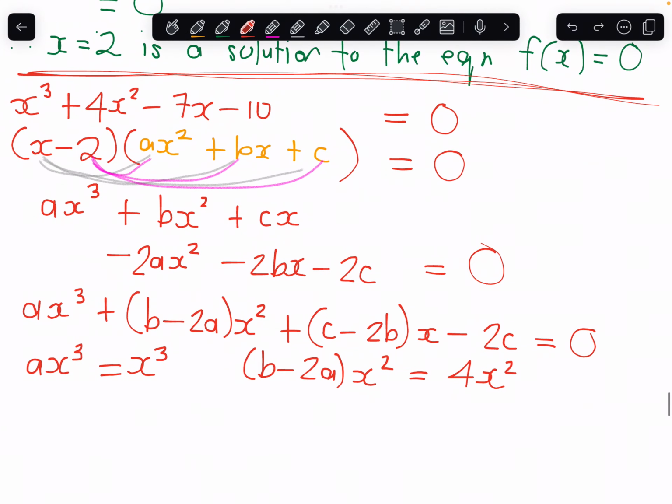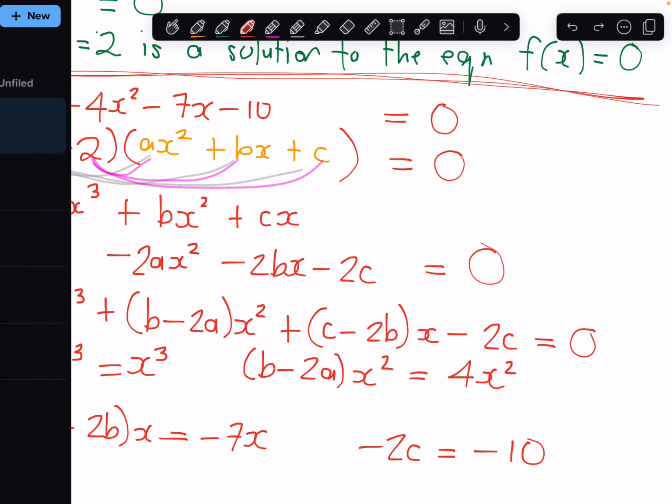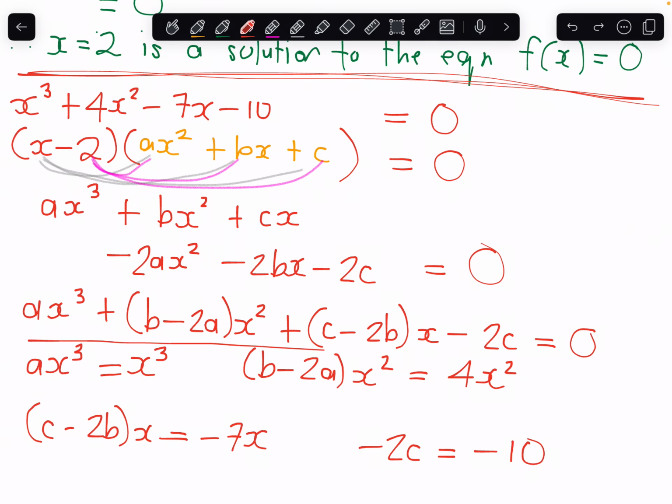We know that c minus 2b x is equal to minus 7x. And then lastly, minus 2c is equal to minus 10, right? So we can use these equations to figure out what a, b, and c are.